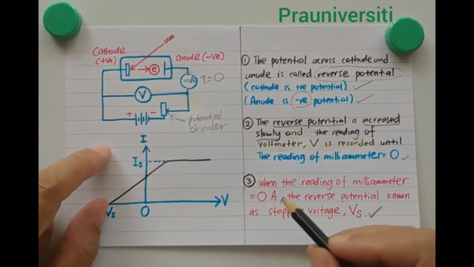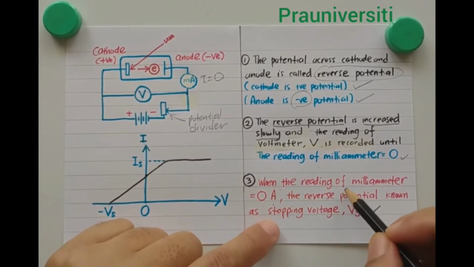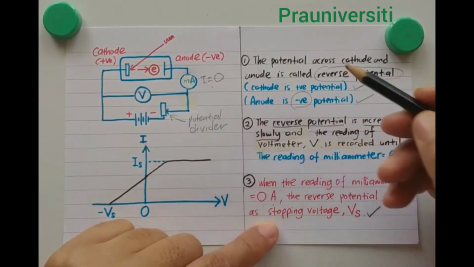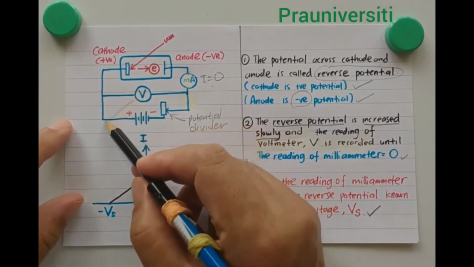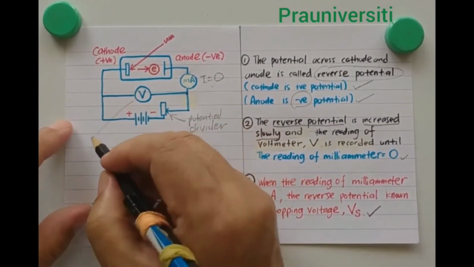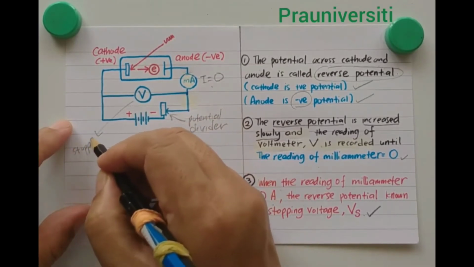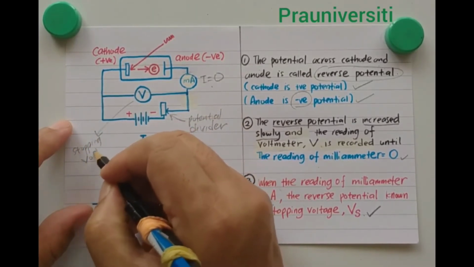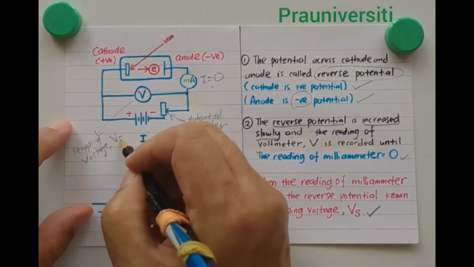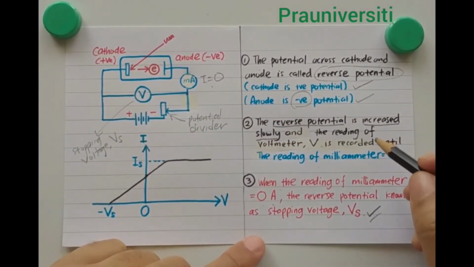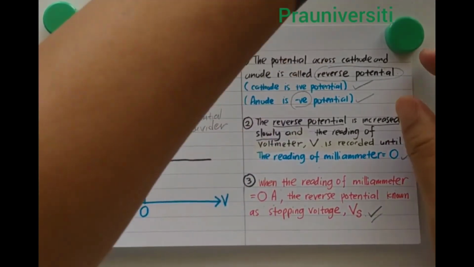So I repeat, when the reading of the milliammeter is equal to 0, the reading of the voltmeter we call the stopping voltage, Vs, this one. Okay, so we continue.